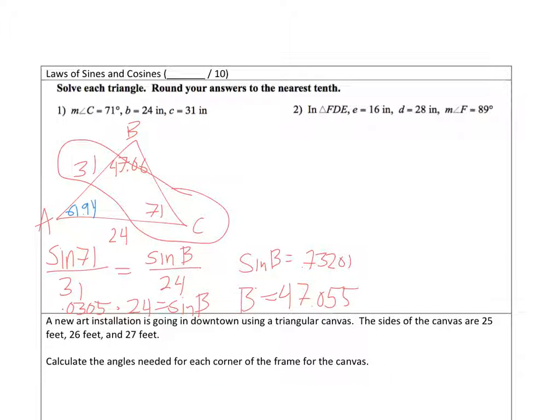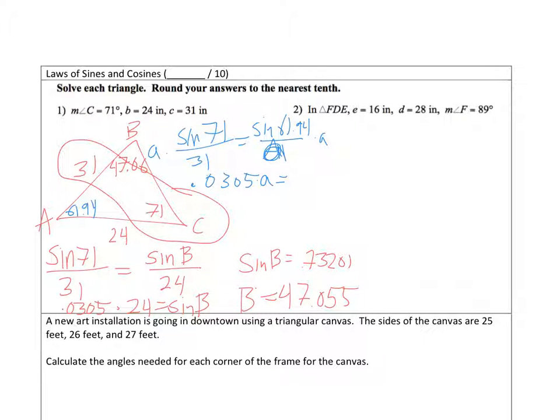To get this last side, I'm going to take this expression, sine 71 over 31, is equal to sine of 61.94 divided by a, since I'm looking for little a. We've already done the calculation on the left side. That was 0.0305. I've got to multiply both sides by a to get a by itself, and that's going to be sine of 61.94.